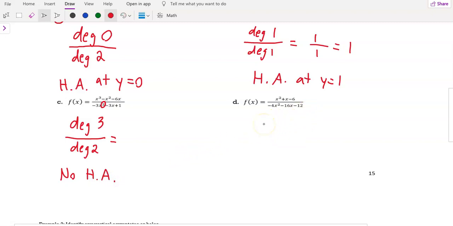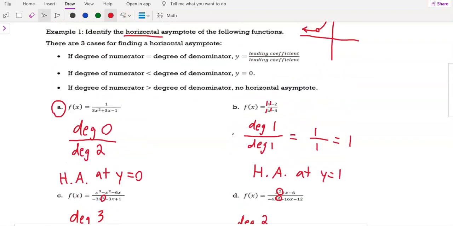And letter D, the degree of our numerator would be x to the second power, so that would be degree 2, over the degree of the denominator, which is also to the second power, degree 2. So remember, when they're equal, we take the leading coefficients of both.